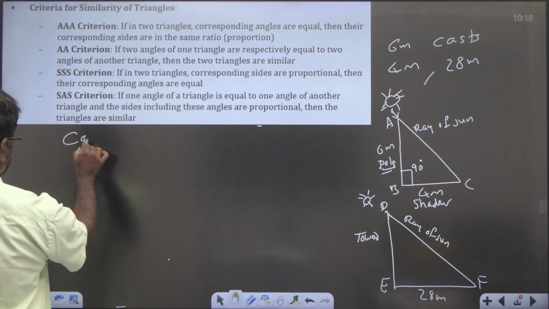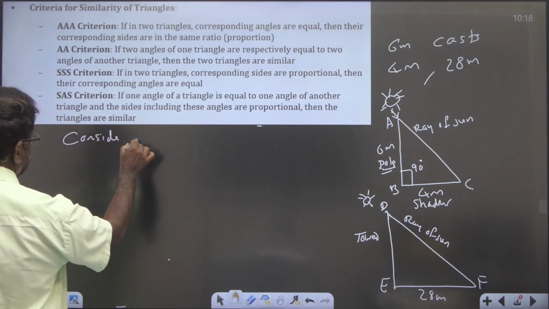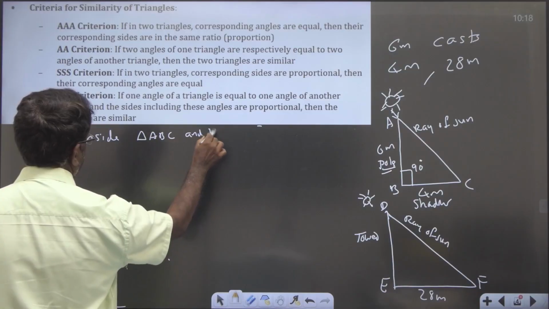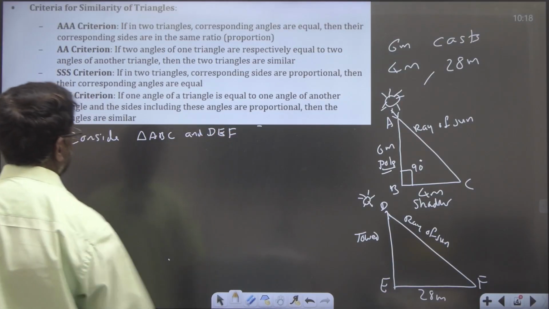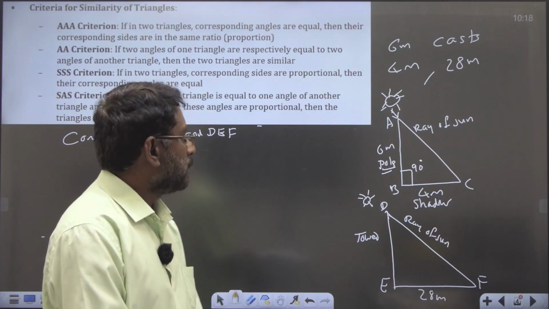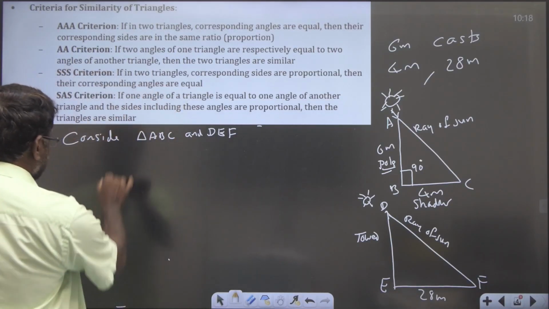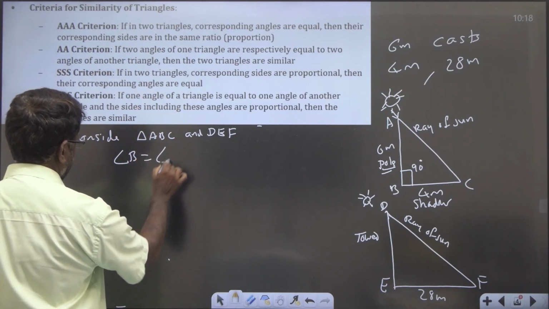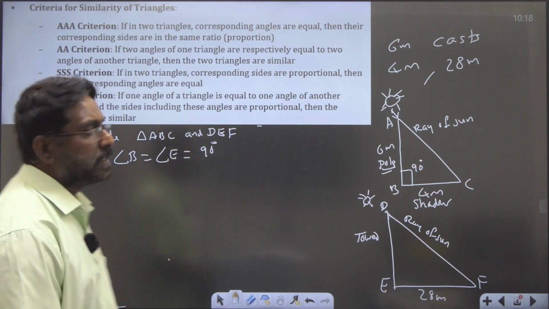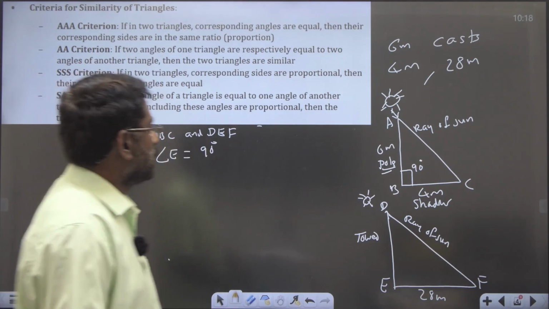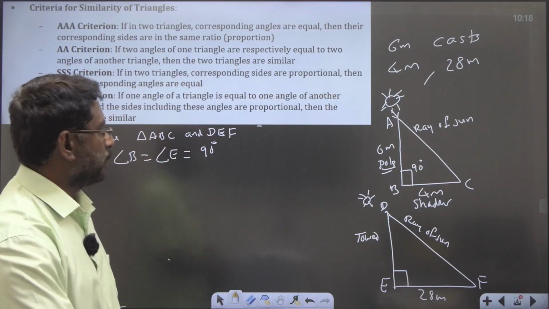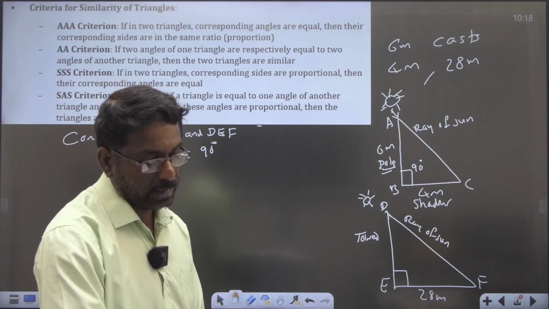Consider triangles ABC and DEF. Angle B is equal to angle E. Why? Each is equal to 90 degree.